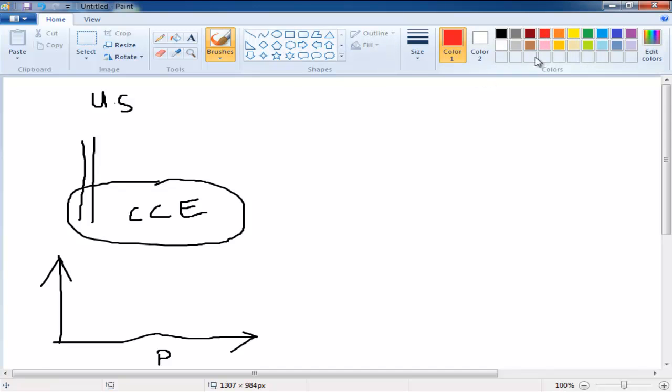If we are talking about a saturated reservoir, then this reservoir can be divided into two parts.